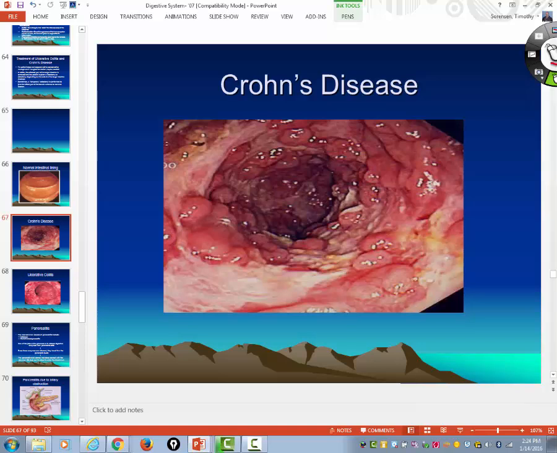Scar tissue doesn't absorb stuff, right? All it is scar tissue. So a person with Crohn's disease is not going to be able to digest and absorb food. So a person with Crohn's disease tends to be really, really skinny. Even though they're eating, if you can't digest it and absorb it into the blood, you can't gain calories.